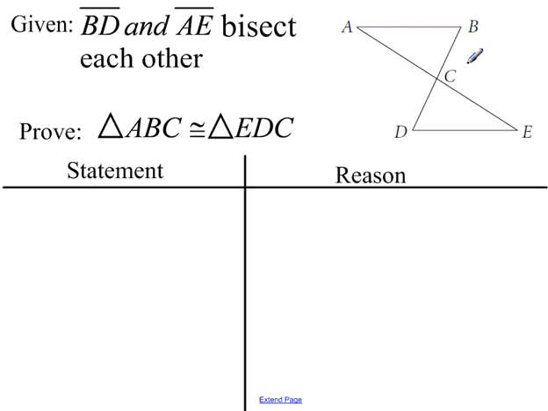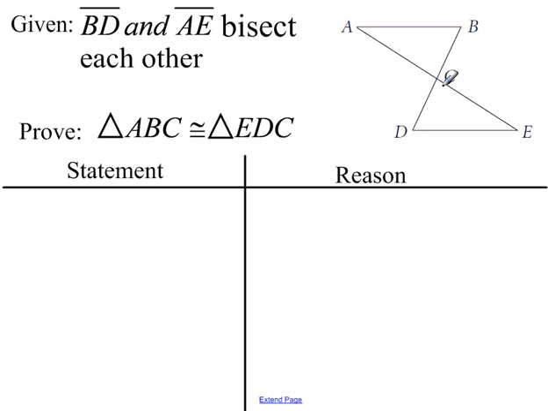Given BD and AE bisect each other, prove that triangle ABC is congruent to triangle EBC. All right, so first, let's look at the piece of information that we're given, and let's use that information to make some statements.